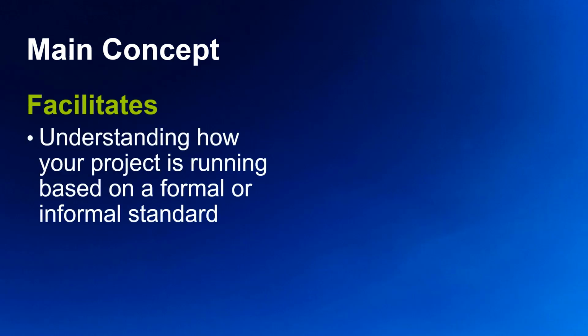The main concept of a peer project review is that it facilitates getting a better understanding of a project in relation to either a formal standard or informal set of expectations about how projects are run. The project manager and stakeholders benefit from many aspects of a peer project review.